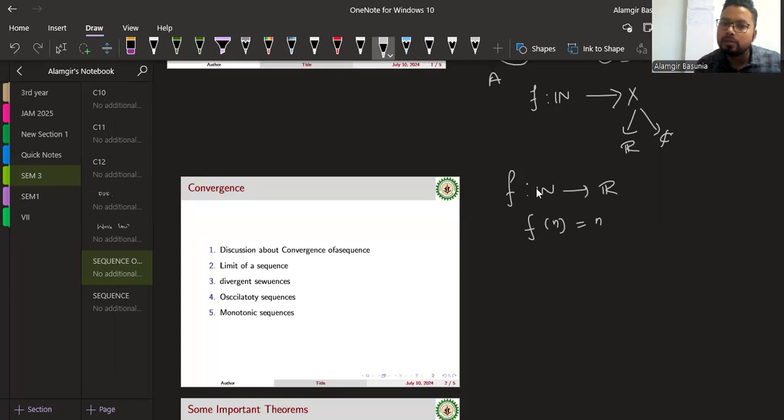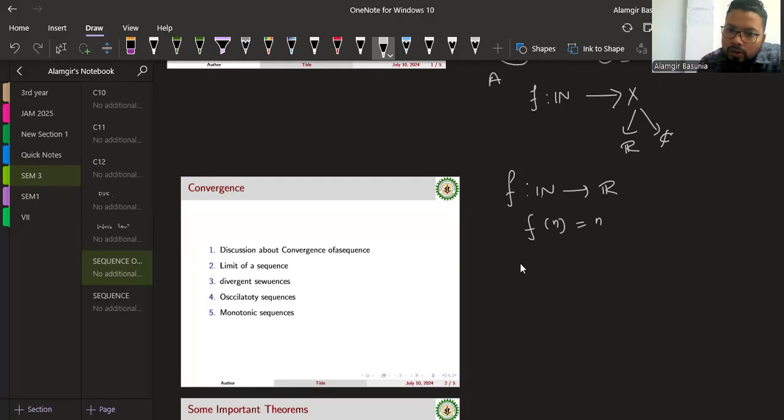Clearly every element of the domain, the natural numbers, has an image in the codomain, the real numbers. So this is a function with domain the natural numbers, hence a sequence, and since the codomain is the real numbers, this is a real sequence.